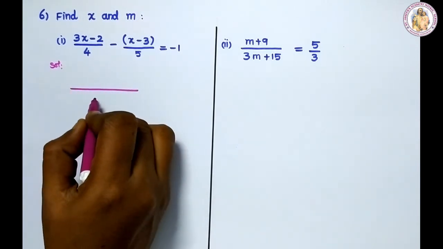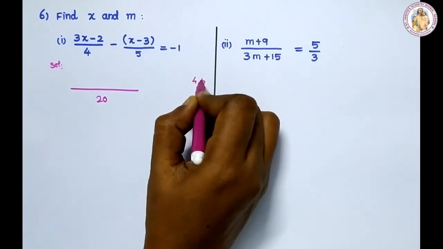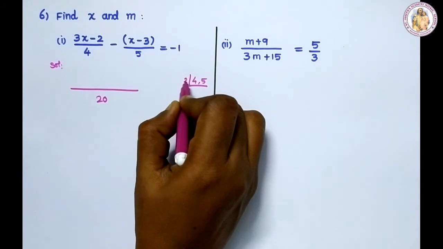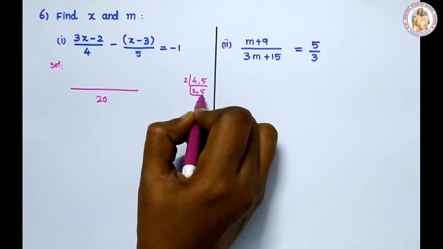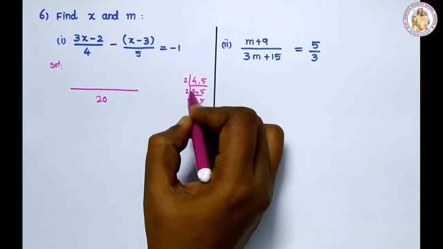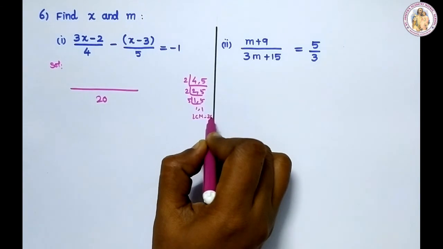We get 20. 4 and 5 LCM, 2 2s are 4, 4 5s are 20. So LCM equal to 20.